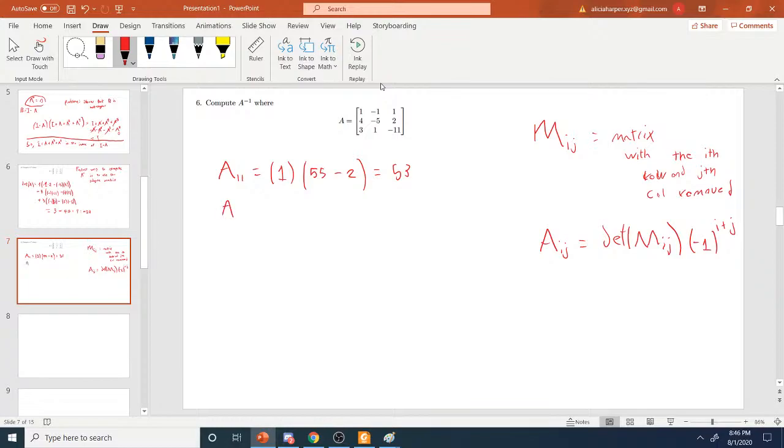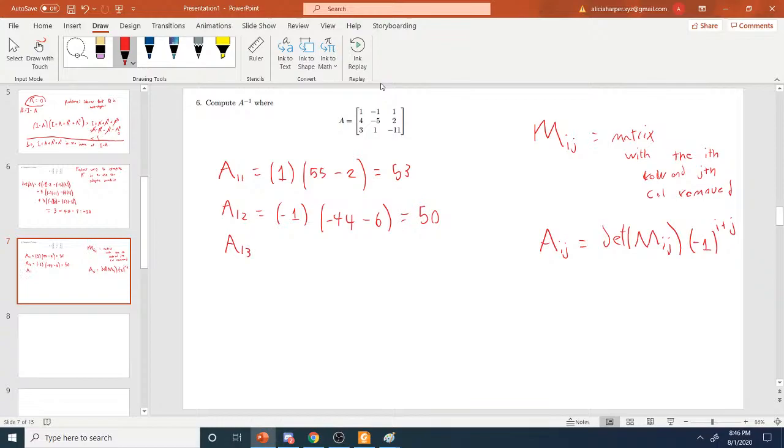And then A12, this time I'm going to have a -1 on the outside. So again, I omit the first row and the second column. So I'm going to get -44 and then -6. So this is actually going to be equal to +50.